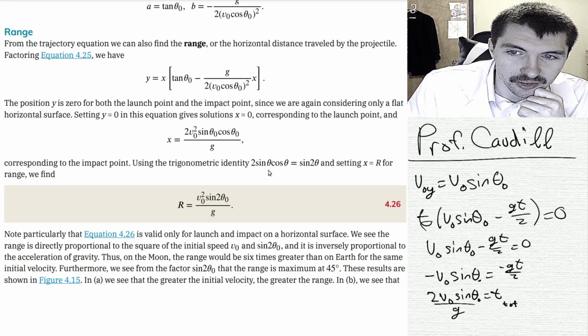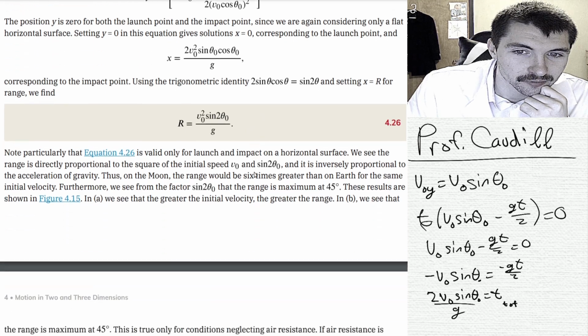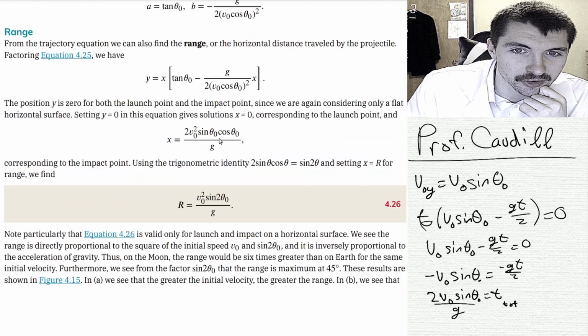Sine 2 theta, saying x r. Okay, I'm getting lost over here. Radius R, is this radius or what? Where did this come from? So they're probably converting. The position is 0, so this is 0. Dividing both sides by x is still 0.